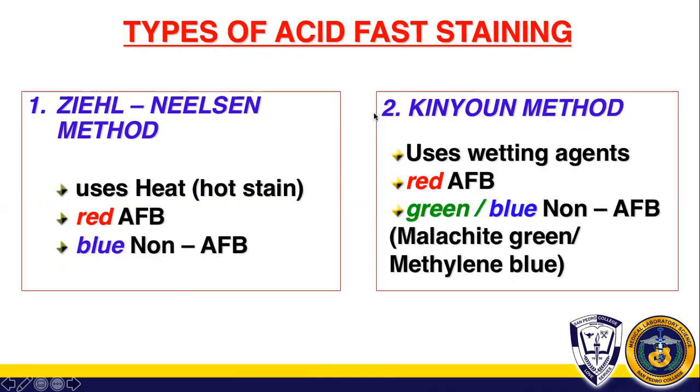The Kinyoun method is similar to the Ziehl-Neelsen method, except that it does not make use of heating, so it's called the cold stain process of acid-fast staining. Instead of using heat as the mordant, it makes use of Tergitol or wetting agents to facilitate the penetration of the primary stain into the microbial cell wall.